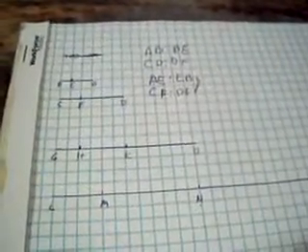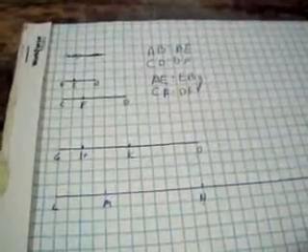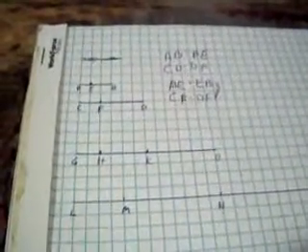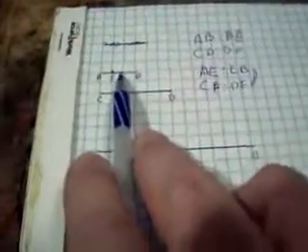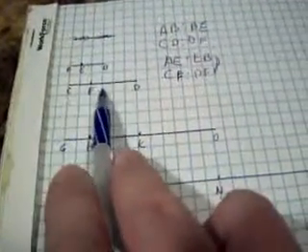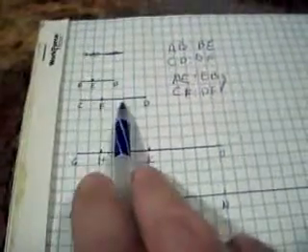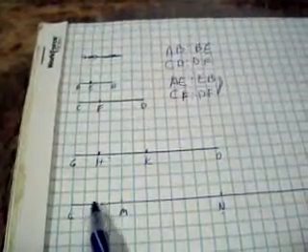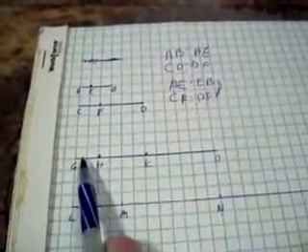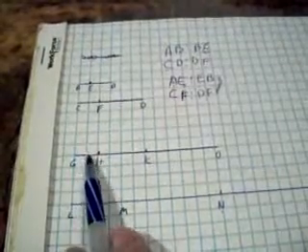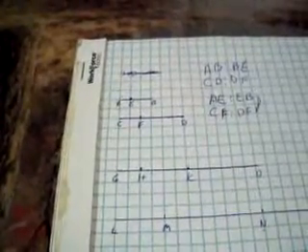But GH is the same multiple of AE as LM of CF. Here's your LM, here's your CF. There are twice as many CFs in LM as there are AEs in GH. Therefore, GK is the same multiple of AB as LM of CF.